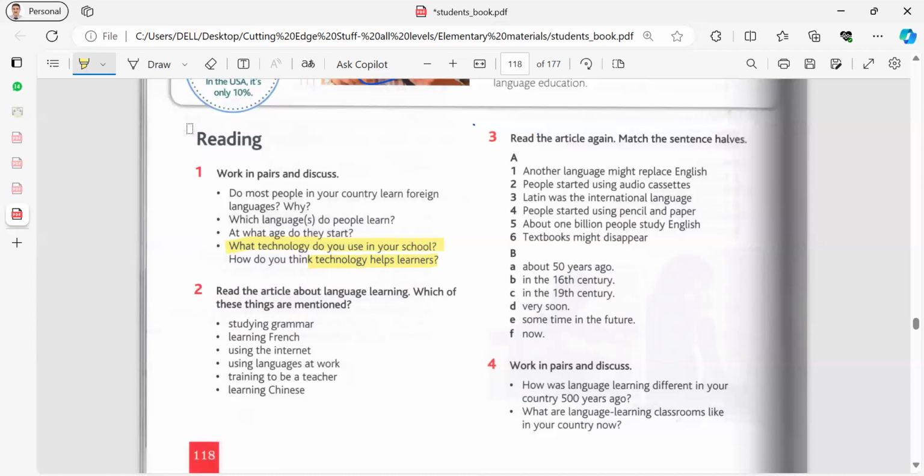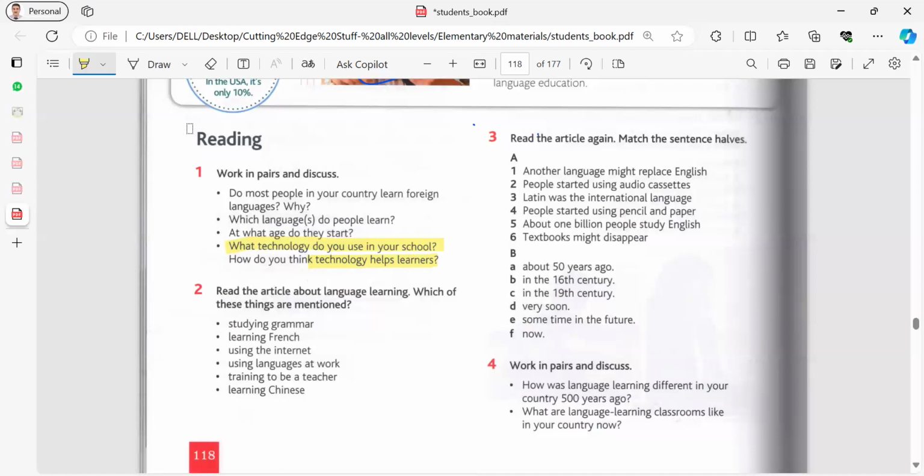So this is because of what? Technology. Technology facilitates learning. It makes it easy. That's why you need to be global, guys. You need to be a global citizen, a global engineer.